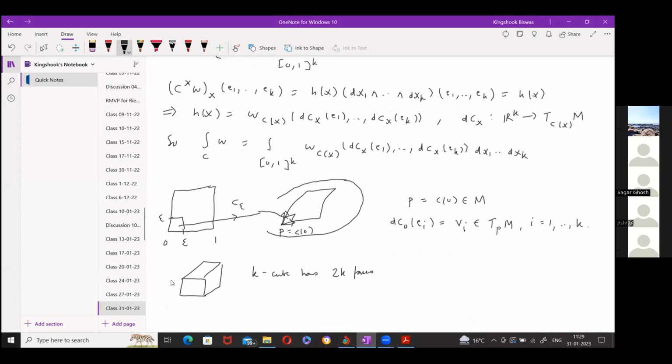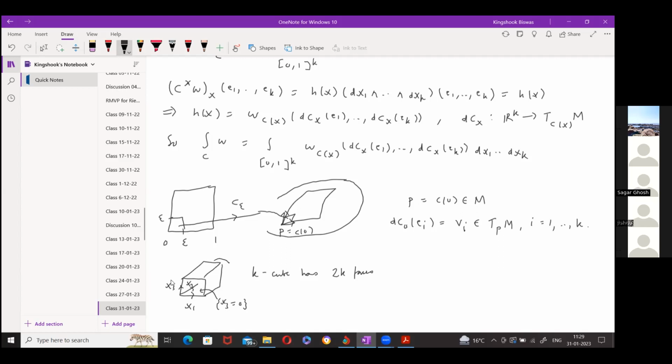So for example, if this is your coordinate, say x1, and this coordinate is x2, and this coordinate is x3, then what are the faces of the cube? For example, this bottom face here will be x3 equal to 0.